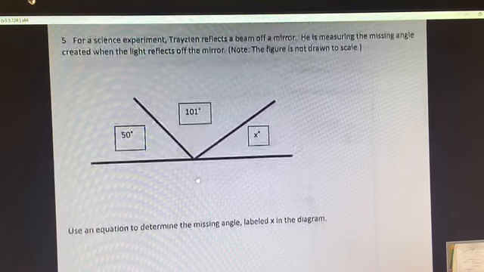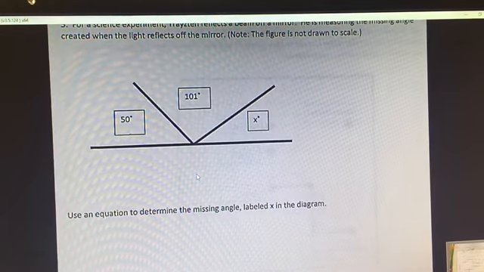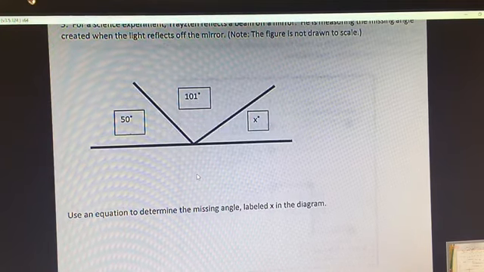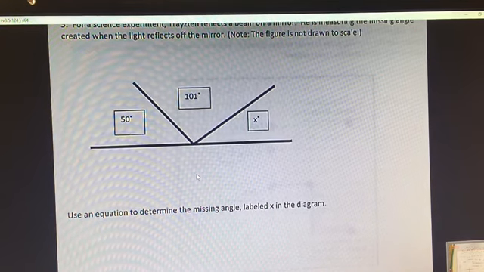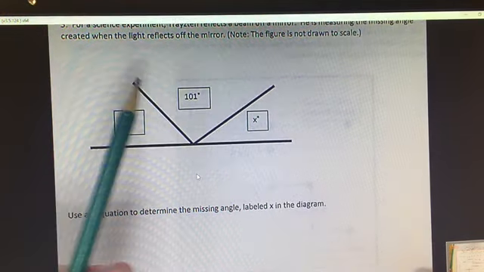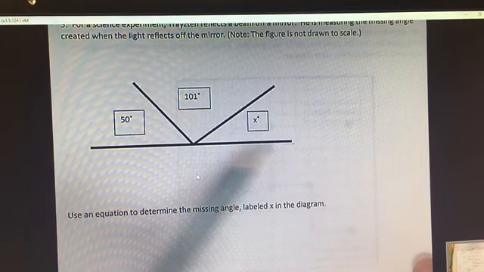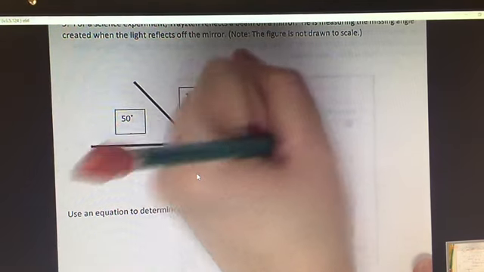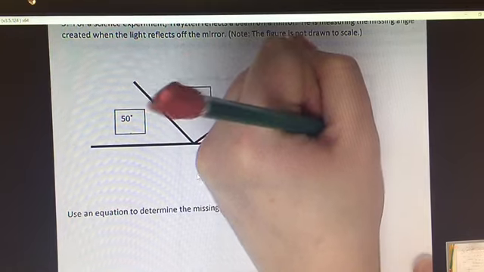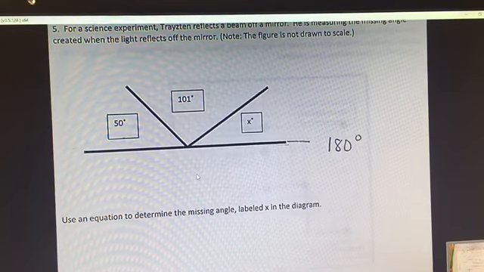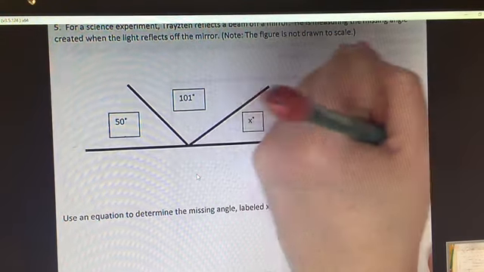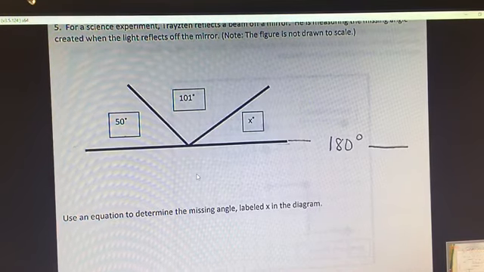So it says use an equation to determine the missing angle labeled X in the diagram. One thing to make sure that you understand is that a straight line is 180 degrees, okay? So anytime that you have a straight line, that's going to equal 180 degrees.